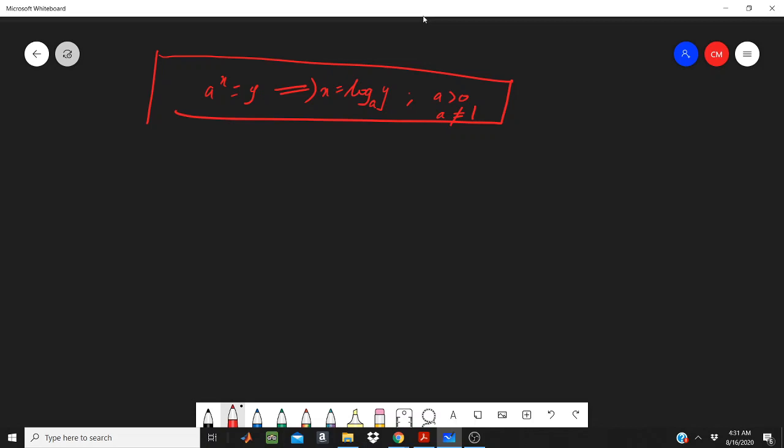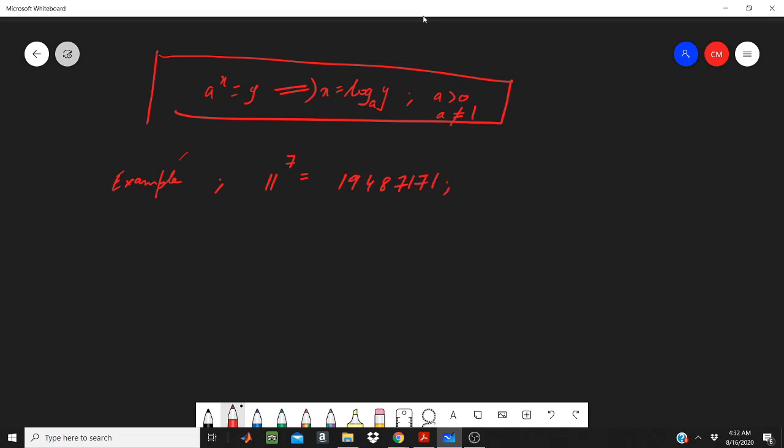Okay, so let's move on and let's see some more examples. Get used to this index form being switched to log form. So another example would be, let's try 11. So 11 raised to the power of 7, that's 19487171.